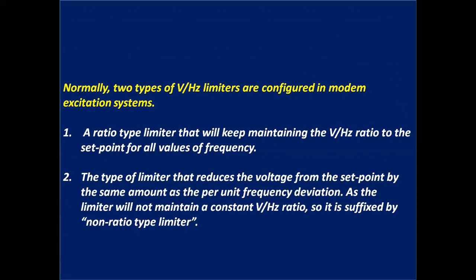Number two, the type of limiter that reduces the voltage from the set point by the same amount as the per unit frequency deviation, as the limiter will not maintain a constant volt Hertz ratio. So it is suffixed as non-ratio type limiter.